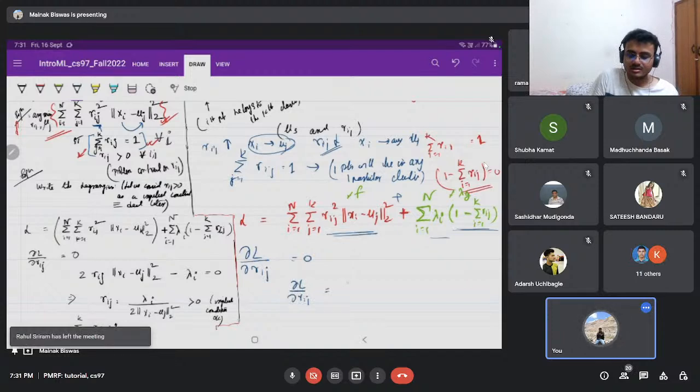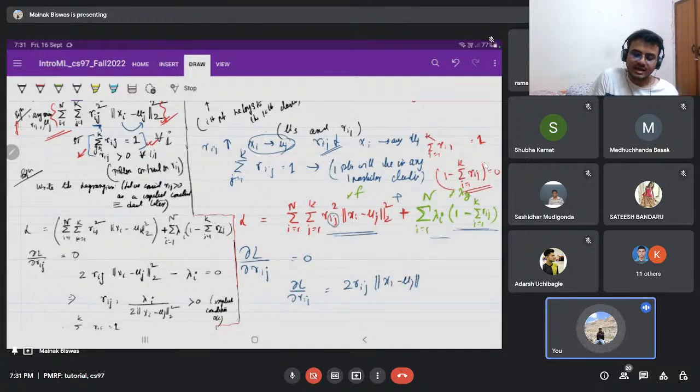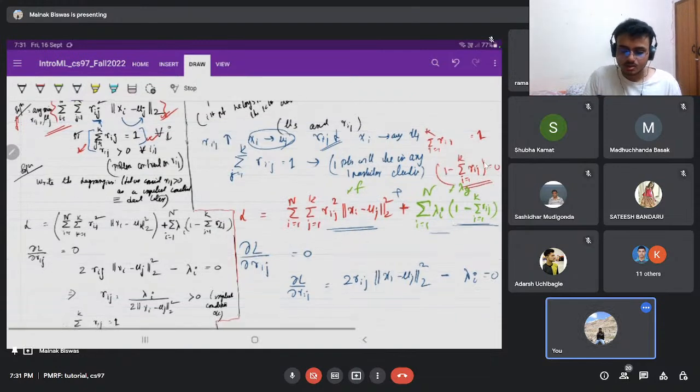So if we take the derivative with respect to R_ij, it is nothing but 2 R_ij times (x_i minus mu_j), right? It's only for one R_ij that you have this derivative ready. For all others it goes to 0 since it's a partial derivative. And on the right hand side, for only one R_ij you will have lambda_i. Is that okay? And you set it to 0.